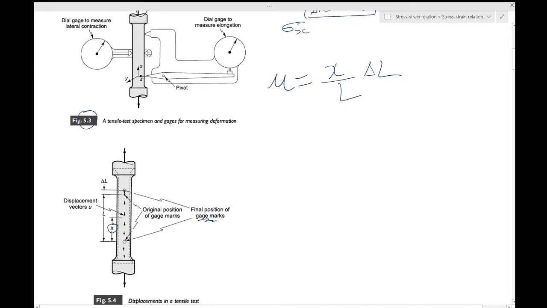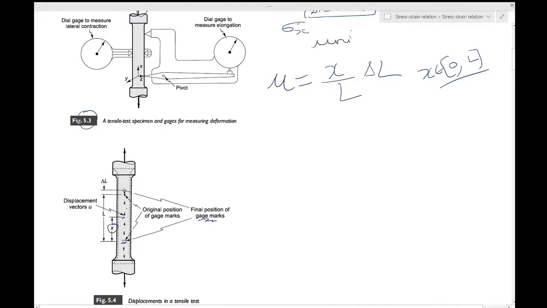Once you have the displacements at any given point X, and X, as you know, can go from 0 to L, you apply this, and uniform displacement is assumed. This assumption must be very carefully noted.